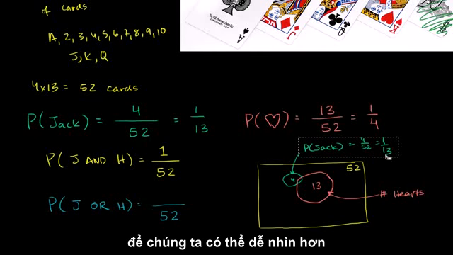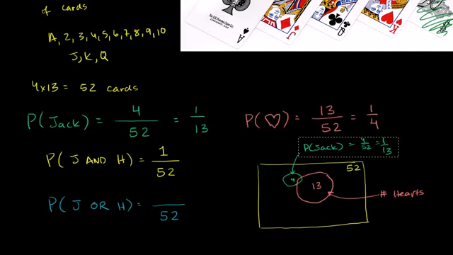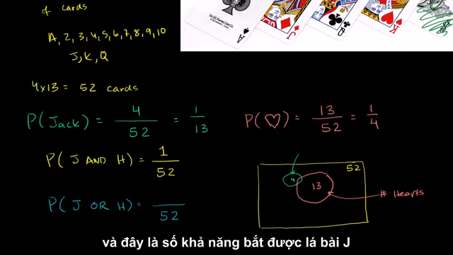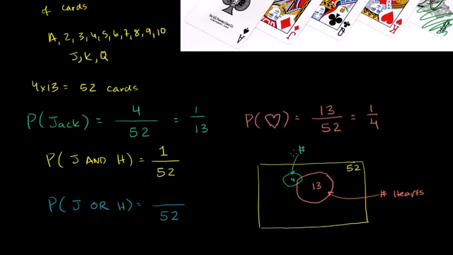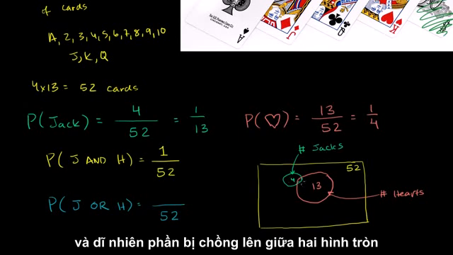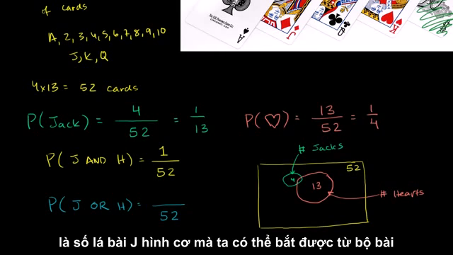Number of hearts. And actually, let me write this top thing that way as well. That makes it a little bit clearer what we're actually looking at. So let me clear that. So the number of jacks. Number of jacks. And of course, this overlap right here is the number of jacks and hearts. The number of items out of this 52 that are both a jack and a heart. It is in both sets here.